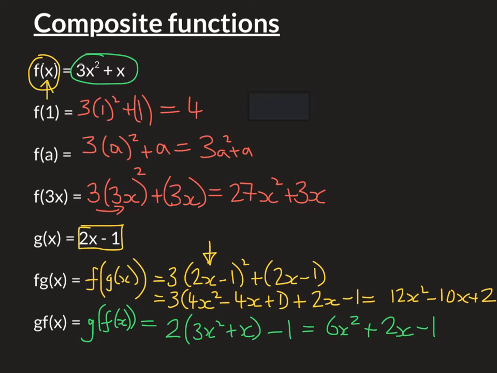If you see notation like this, f squared of x, that is the same as f of f of x. Hopefully that makes sense to you. So that's the same as, obviously, f of f of x, which gets a bit fiddly. It's 3, and so wherever there's an x squared in here, I'm going to replace it with this. Very bizarre.